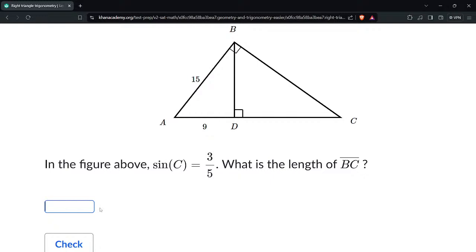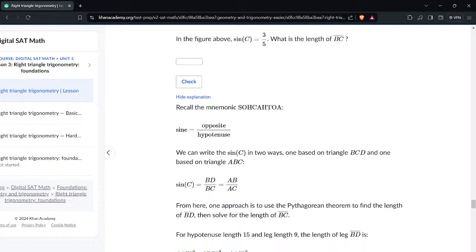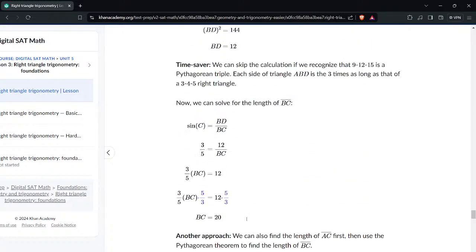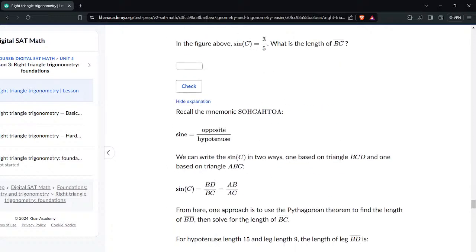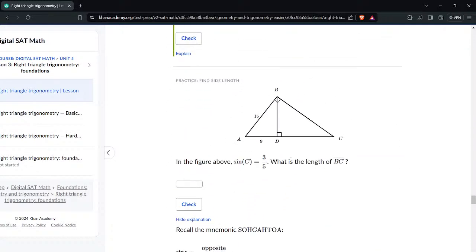How am I going to write 5 root 34? 29.15. Wait, how am I supposed to write that? It's 5 root 34. Oh, it's completely wrong, yeah.